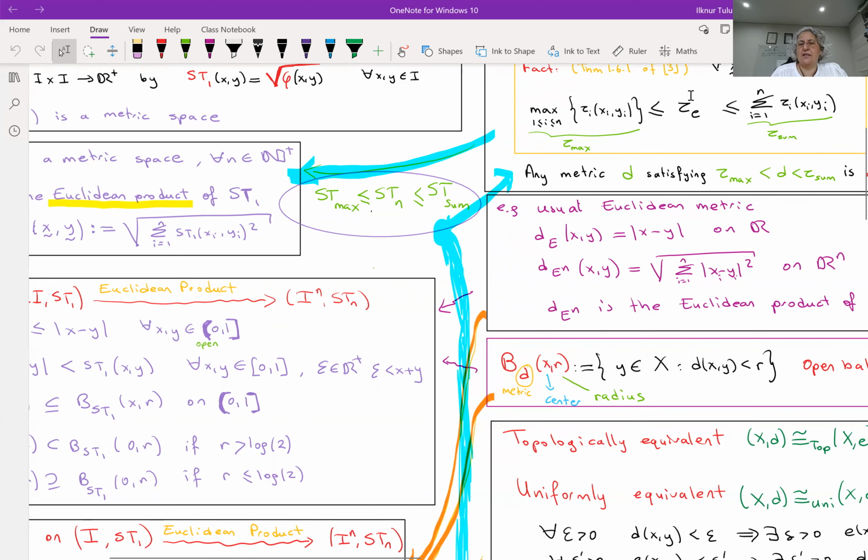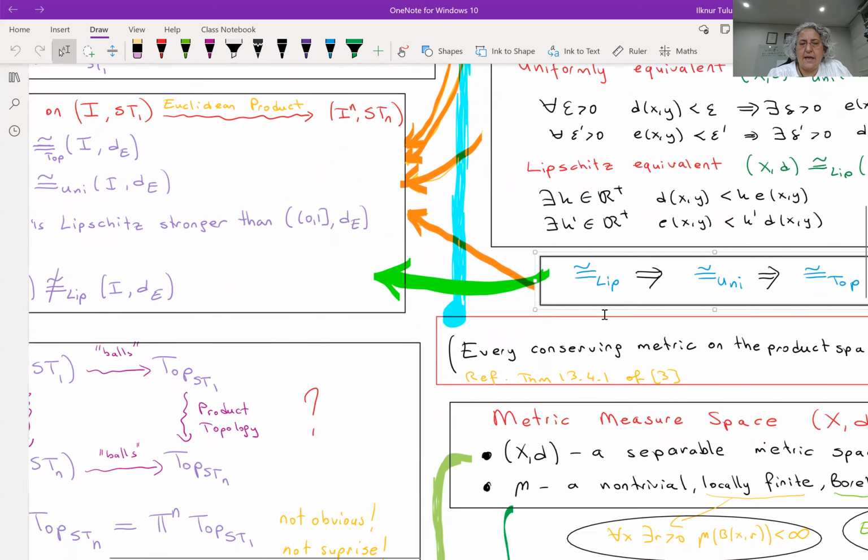In general, the usual Euclidean metric is Lipschitz equivalent to tau max and tau sum. In my case, the ST metric Euclidean product here is equivalent to ST max and ST sum. This is a fact too.